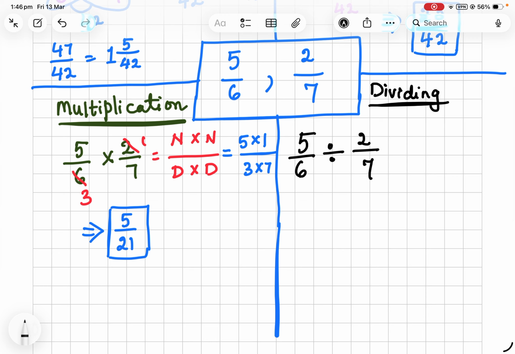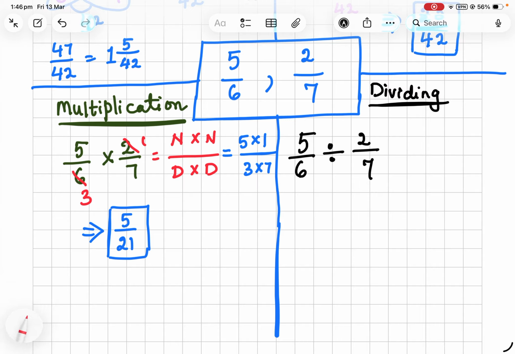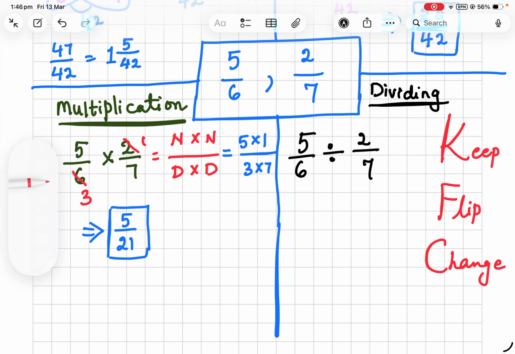There's something called KFC, and by the way, it's not the KFC that you're familiar with, but it will help you to remember dividing fractions. K stands for keep, flip, and change. Keep, flip, change.